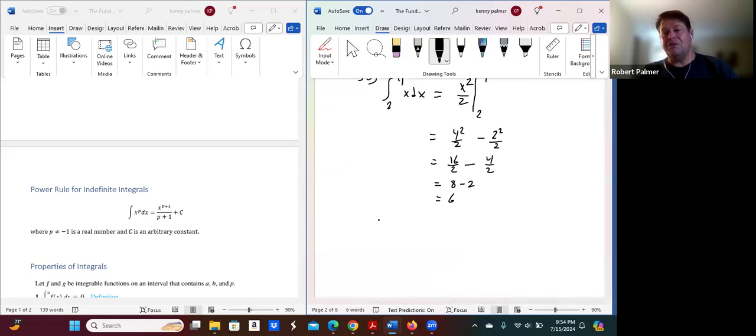Okay. And also, you should always do a quick picture of this. So this is just the line y equals x, from 2 to 4, and it's just going to look like this.